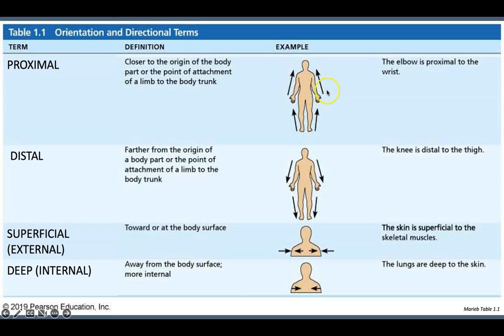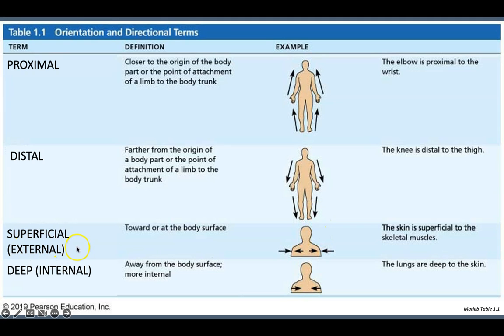We could also say the wrist is distal to the elbow. The example they provide here for distal is the knee is distal to the thigh. So that means that it's further away from the origin point of that particular body part, the leg.